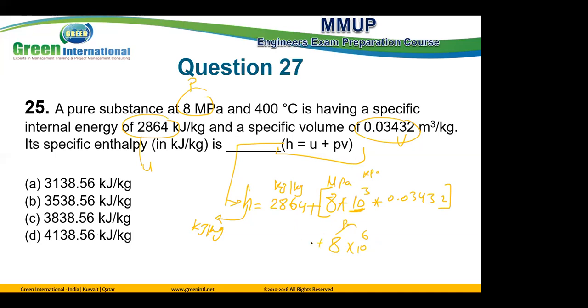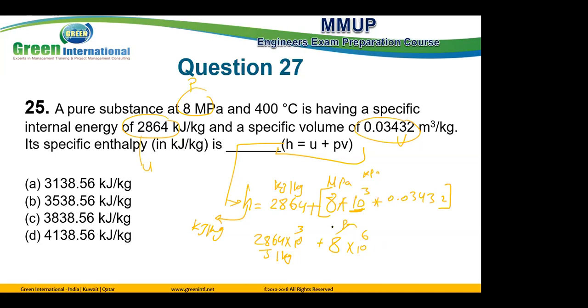But in this case, this must be multiplied by 10 to the power 3 to be joule per kilogram, because I can't match Pascal with kilojoule. You have the option of kilojoule with kilopascal, or joule with Pascal. This is the drop for many engineers. A very simple problem coming in the exam, but as you see, the unit.